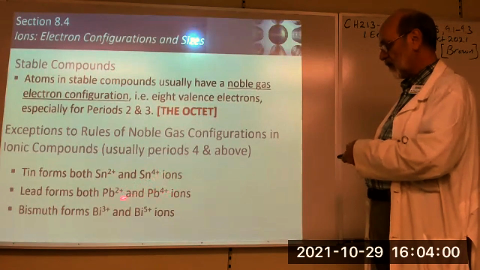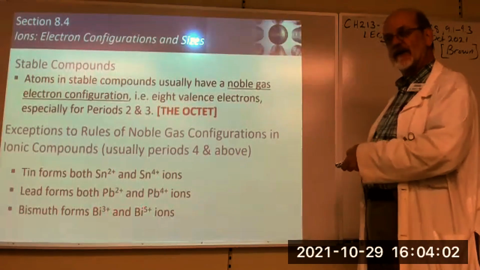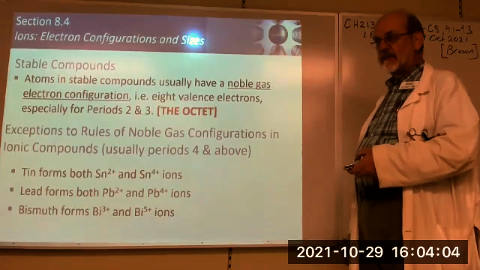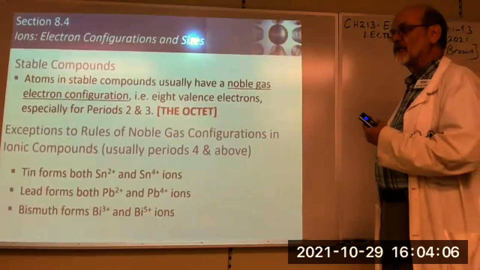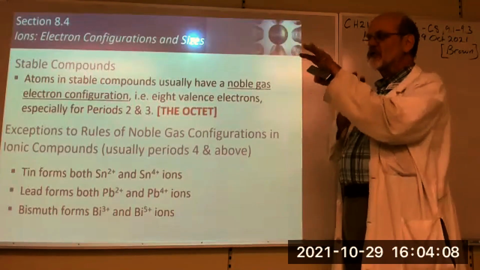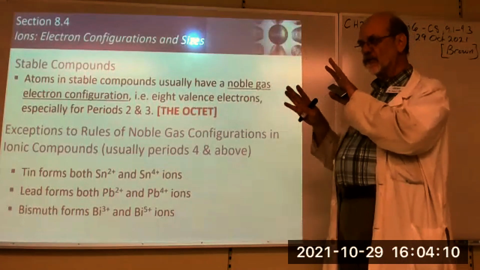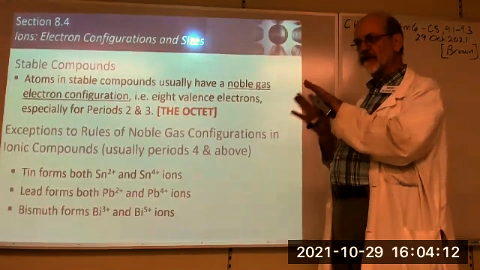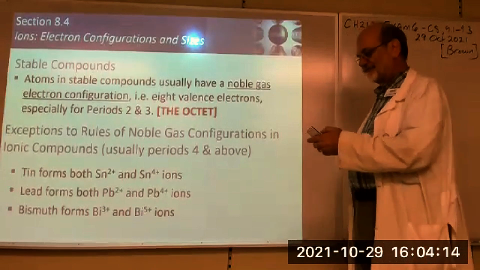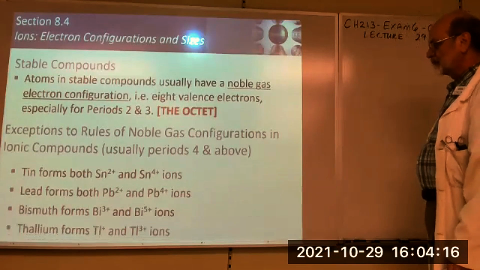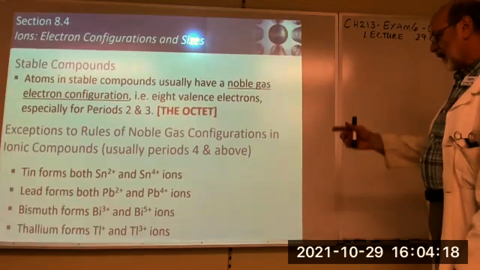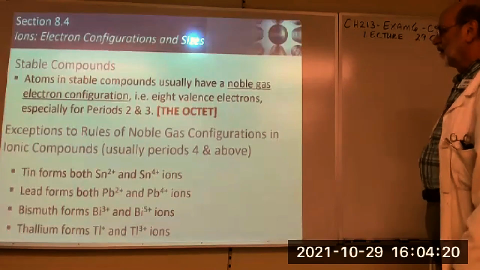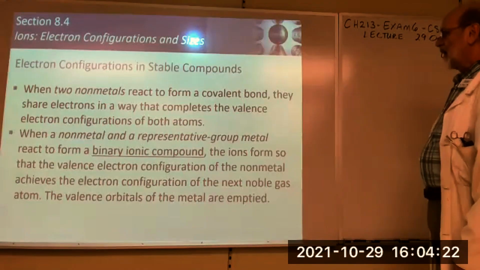Lead 2+, 4+, bismuth 3+ and 5+. Those are possible ions, and they're all related to the energy interactions with those different orbitals, the p's, the d's, and the s's. Oh, forgot thallium. Okay.